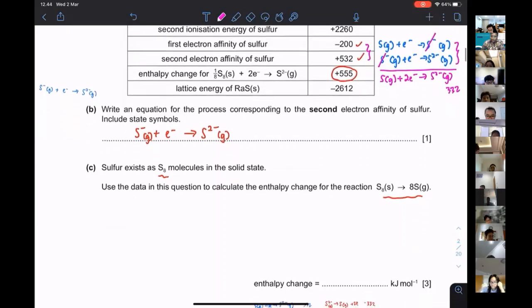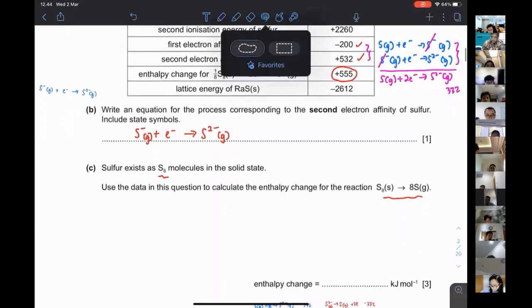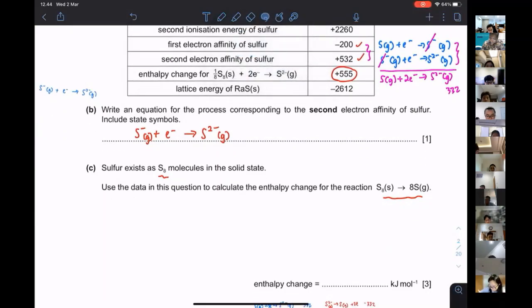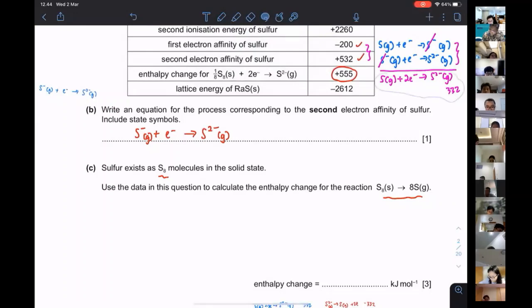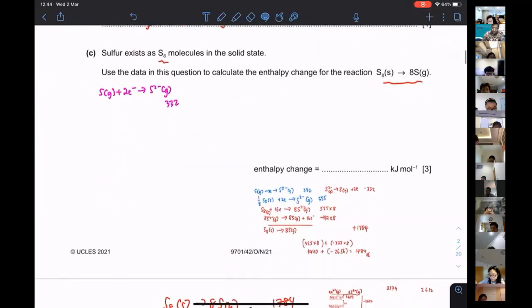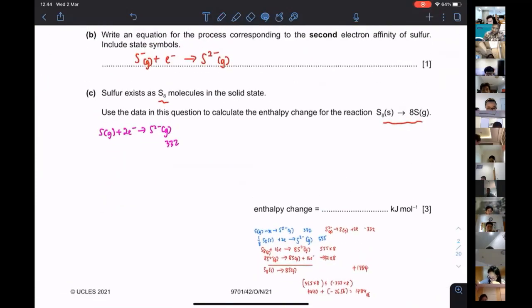So now I will bring this data over here. And then what I want is going to be this. I want to get this.